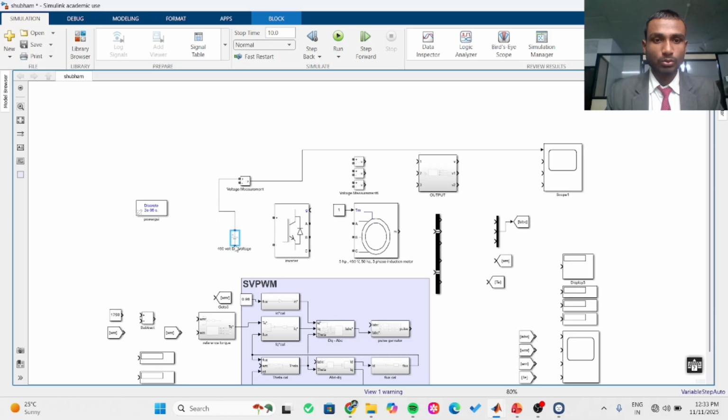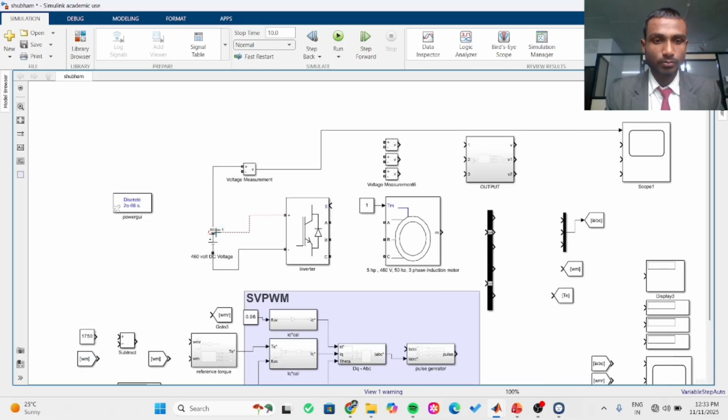Next, again this terminal to here. So we have to connect this DC voltage source to this voltage measurement, this positive terminal to the positive terminal, this negative terminal to the negative terminal.